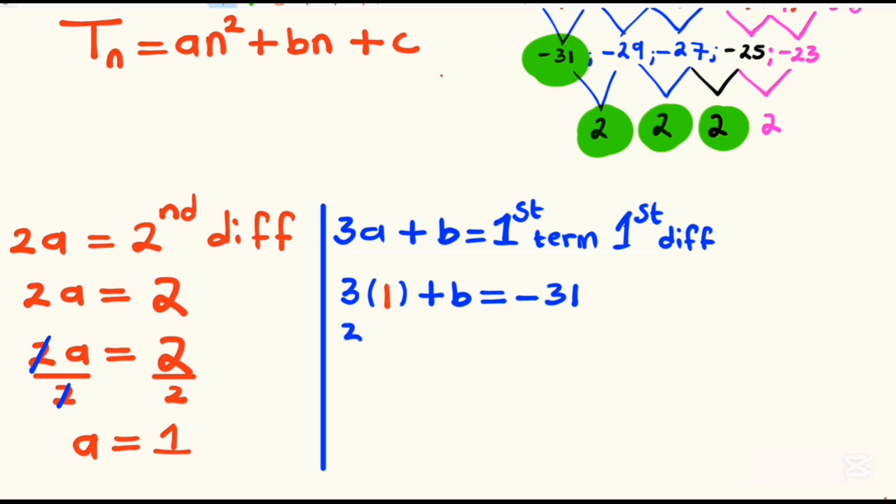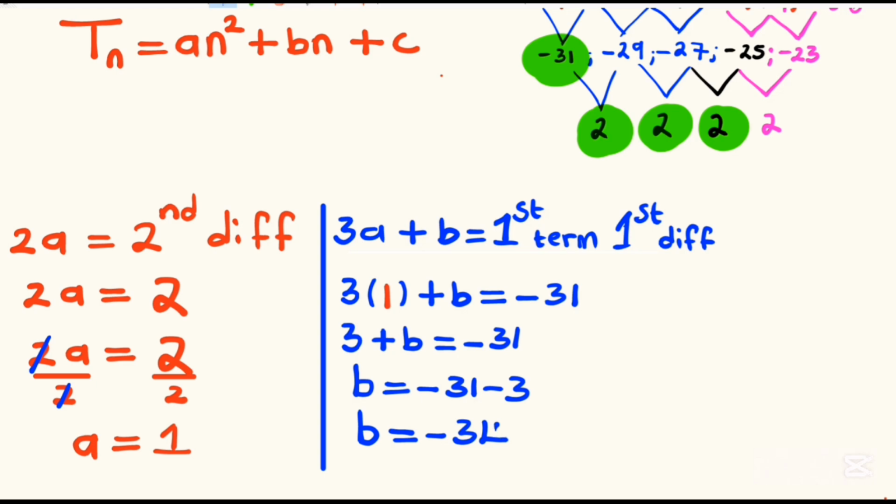And from here, 3 multiplied by 1 is equal to 3, plus b is equal to negative 31. So our b will be equal to negative 31, and we move the 3 from the left to the right, it will change sign to negative 3, and our b will be equal to negative 34.